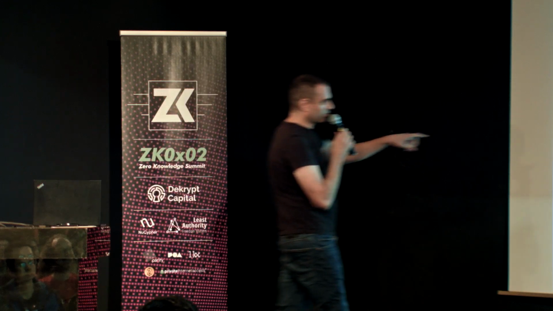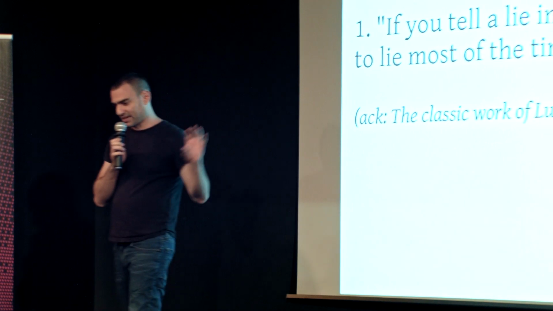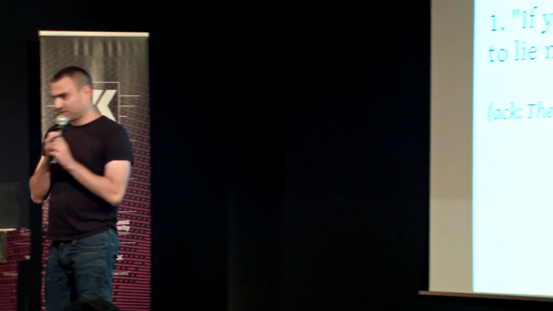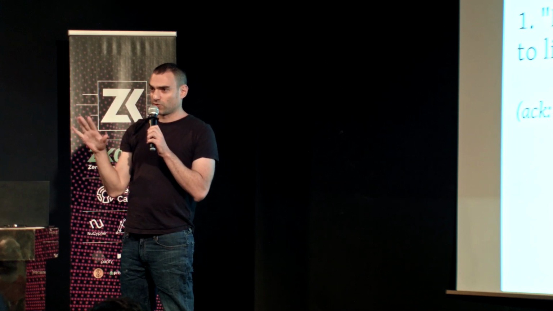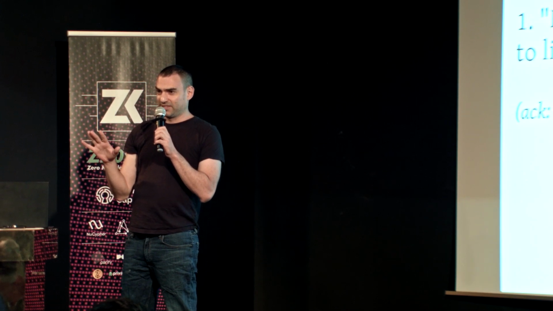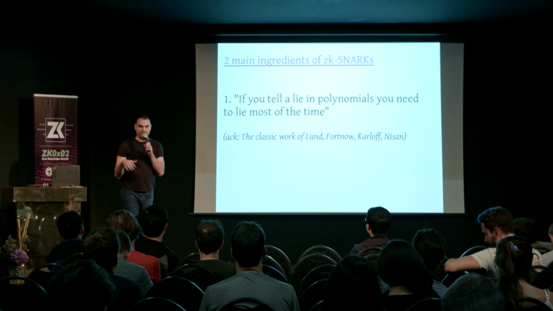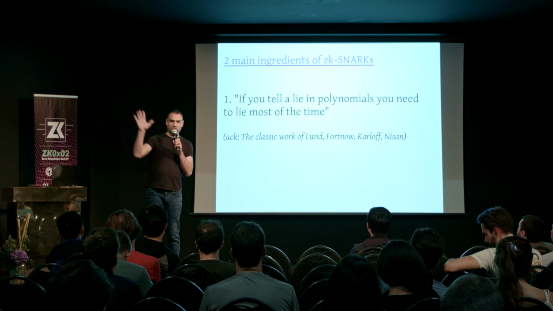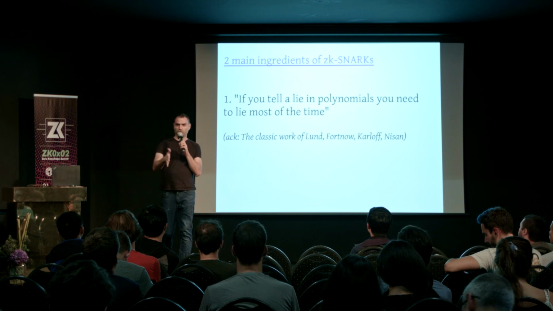Just as a historical anecdote, this kind of idea appeared first in a really great breakthrough work. What this work allowed us to do is say there's a Sudoku puzzle that there's no solution to, and I want to efficiently prove to you there's no solution to this Sudoku puzzle. Forget zero knowledge for a second. If I wanted to prove to you there is a solution, I would show you the solution.